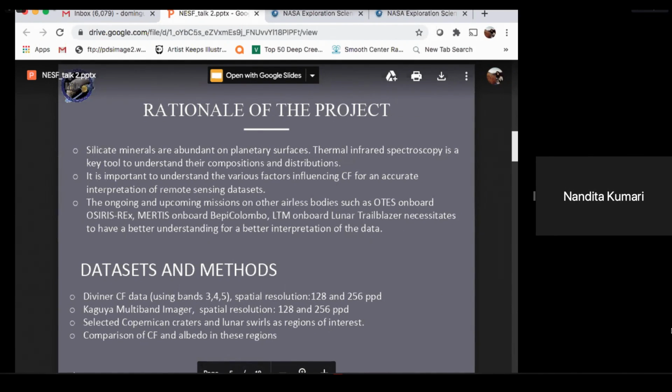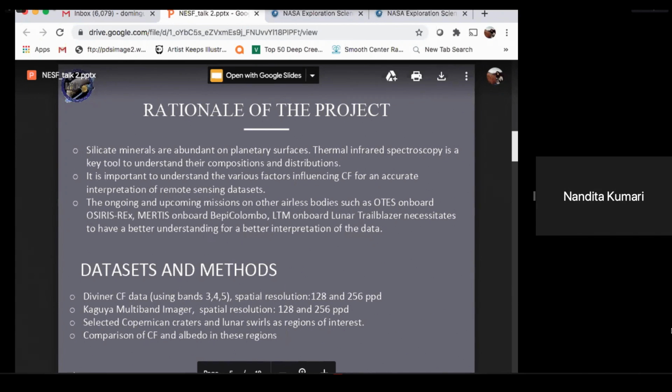Next slide. I'm doing this project particularly because silicate minerals are very abundant across the solar system, and we use thermal infrared a lot for studying silicate minerals, particularly bulk composition. It is very important to quantify the factors that influence CF for an accurate interpretation of remote sensing data sets.